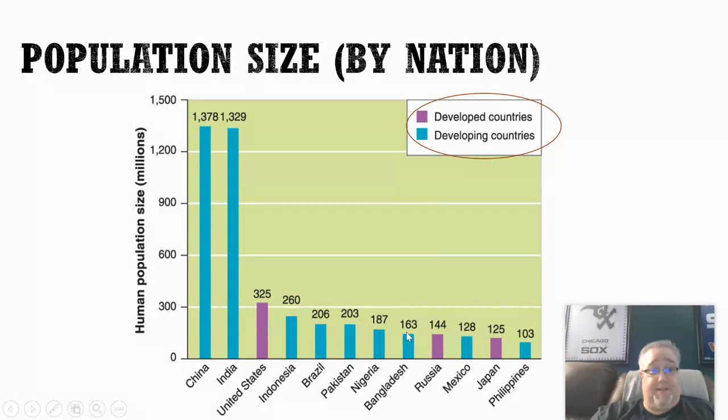So of the top 12 most populated countries in the world, 9 out of 12 of them are developing countries. So a lot of our overpopulation problems tend to be found in these developing countries around the world, especially China and India, which are kind of the outliers.